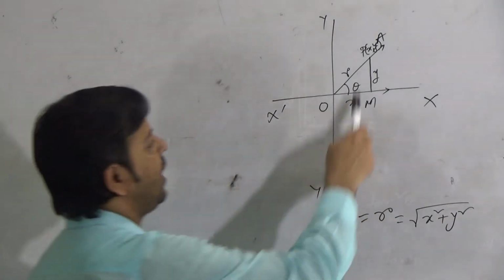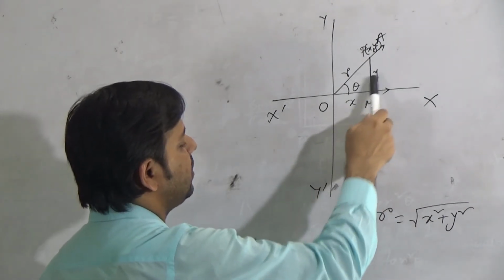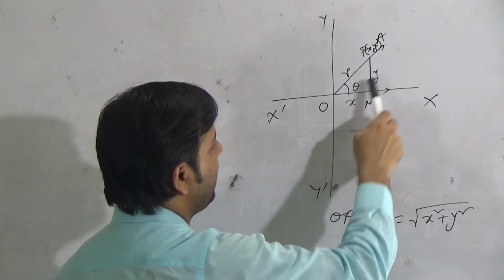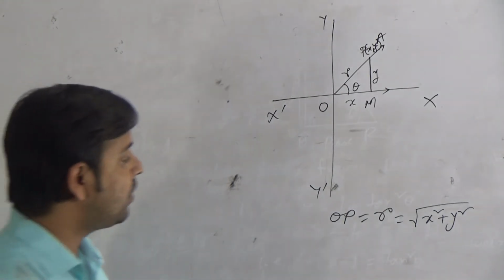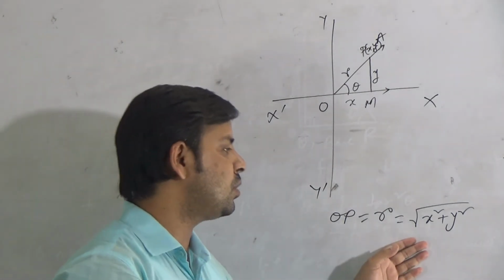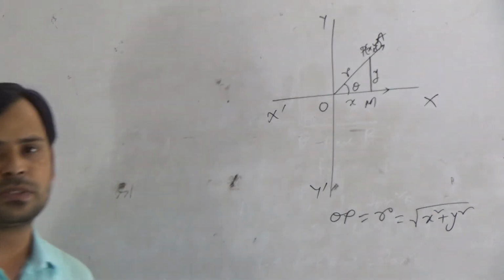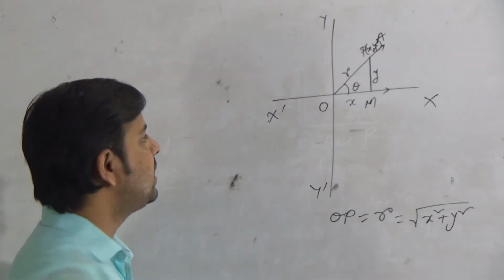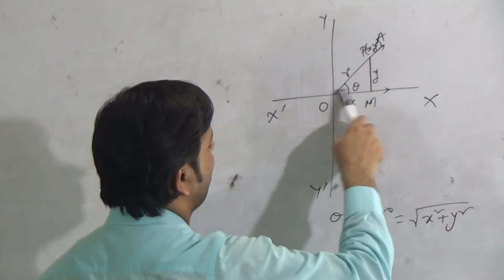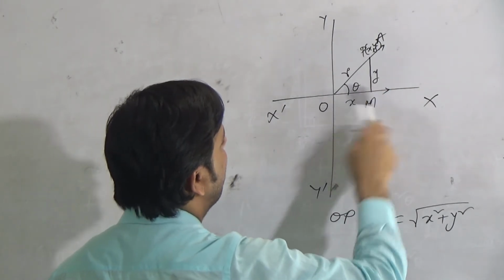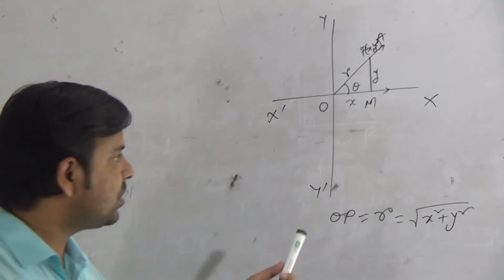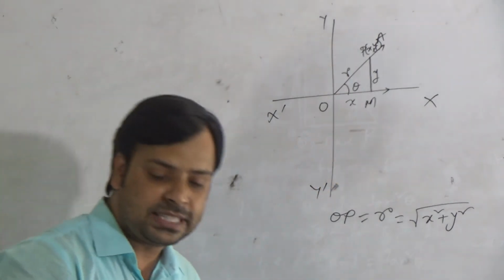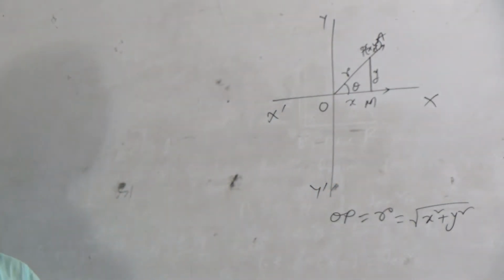As this is our right angle triangle, the sum of the squares of these two will be equal to the square of r, that is r equals square root of x square plus y square. Now we know the three sides of the triangle POM, so we can determine the trigonometric ratios in respect of angle theta. Here theta can be any angle.